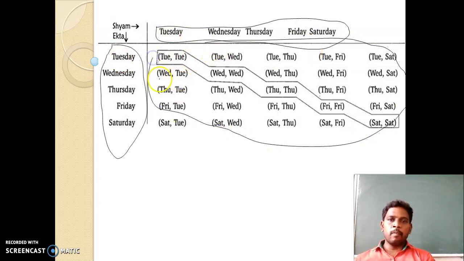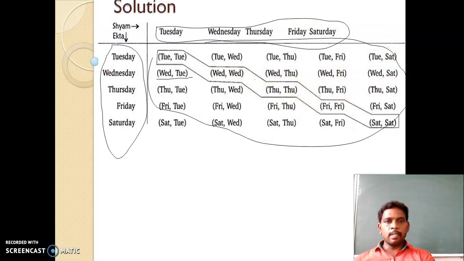Okay, so here Wednesday, Tuesday is mentioned, meaning Ekta is visiting the shop on Wednesday and Shyam is visiting the shop on Tuesday. And here Wednesday, Wednesday represents that both are visiting on the same day. That is the meaning. Okay. So totally 25 possible cases arise, right? So that is your sample space.